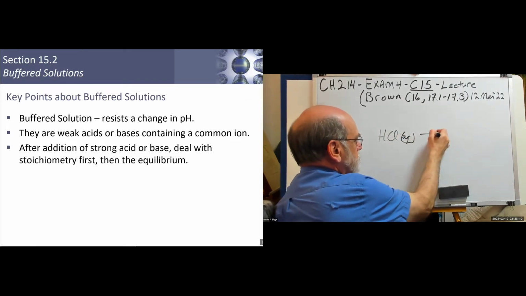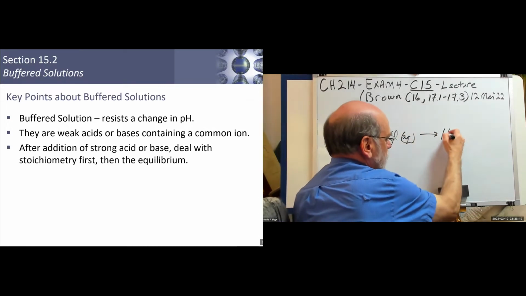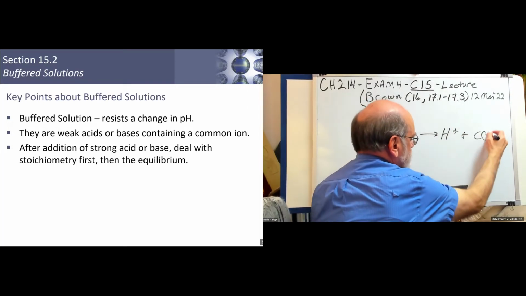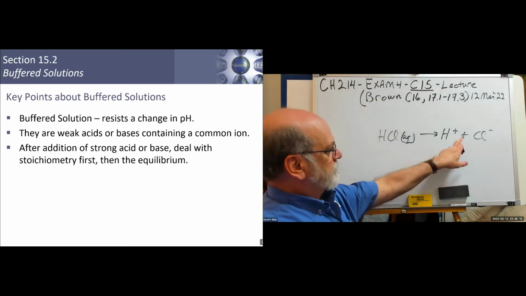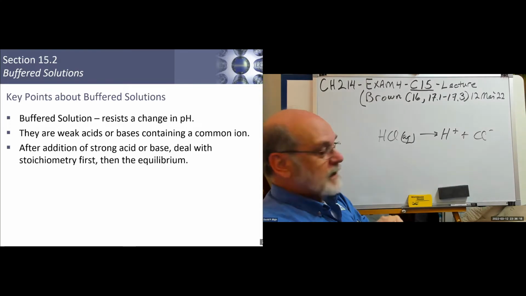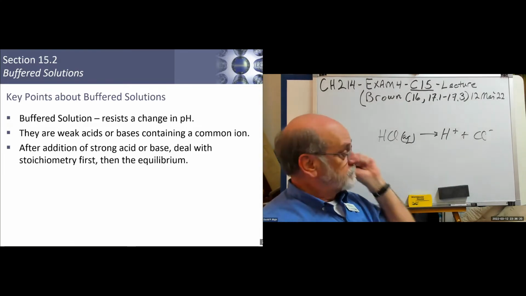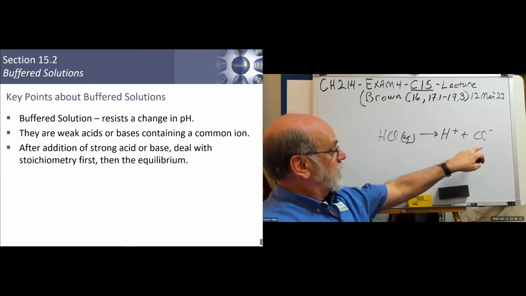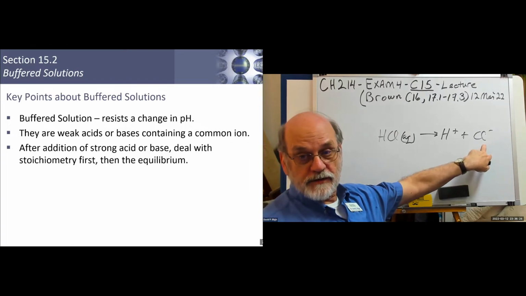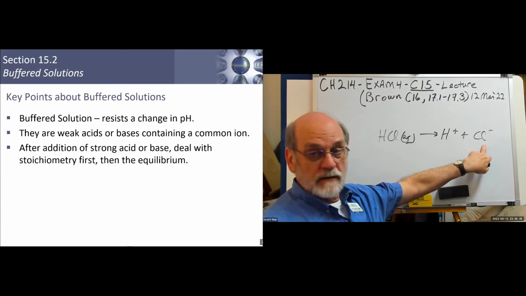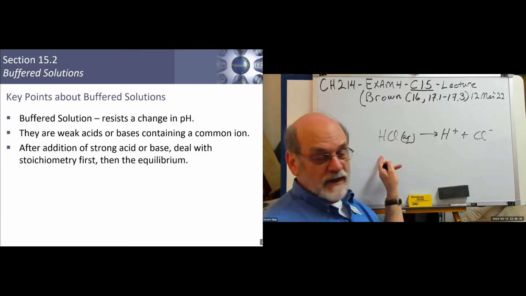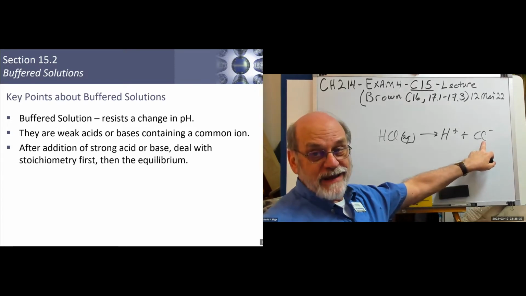If the solution is not buffered, for instance, if we form a solution from hydrochloric acid, and it produces this plus this, if we add chloride ions to this solution, what's going to happen? Nothing. This is a strong acid, which makes an extremely weak conjugate base.